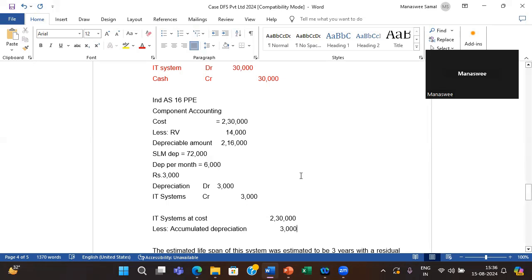So at June 30th, suppose I'm going to prepare a balance sheet, my accumulated depreciation has to be 9,000. Accumulated means the total depreciation till date. You need to appreciate the concept. Accumulated depreciation is like a negative asset value. I think that's the best mathematical sense we can impute into understanding this concept called accumulated depreciation.